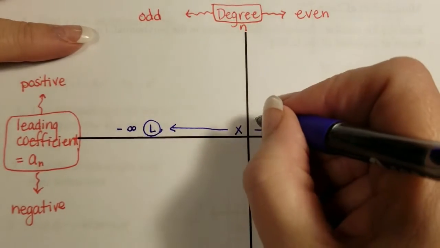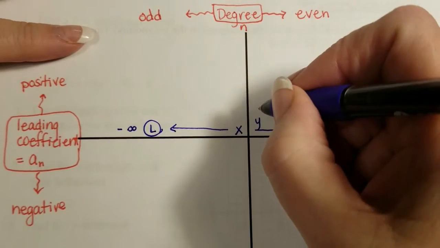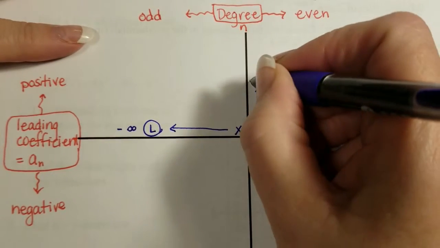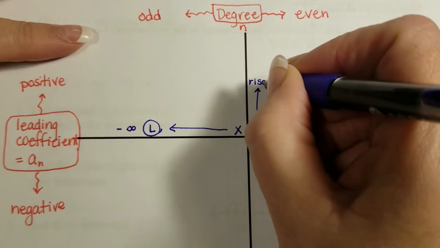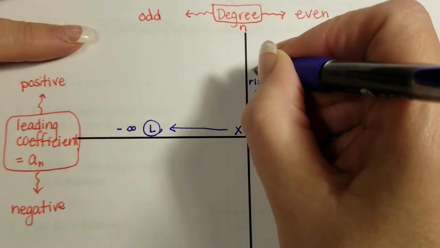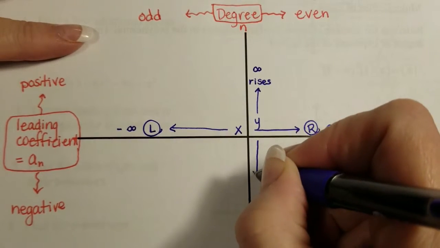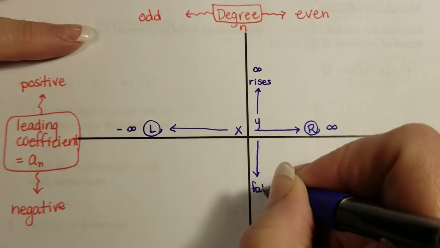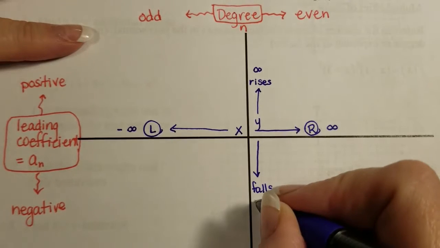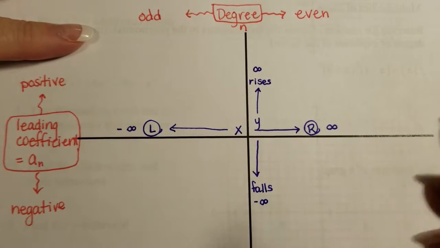The y can move up, or it could be rising. We would say y rises, which is approaching infinity, or we could say that it falls, or it approaches negative infinity.